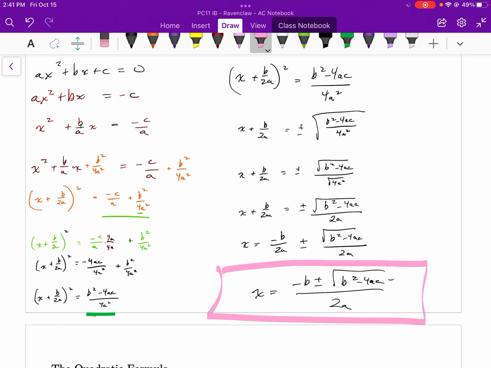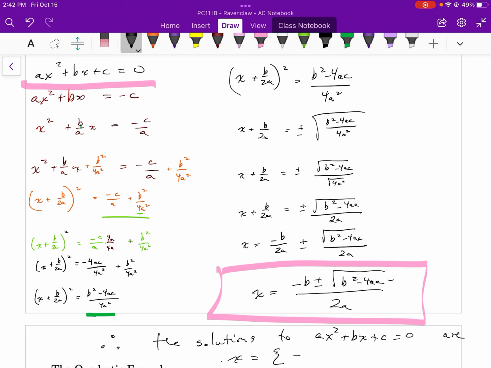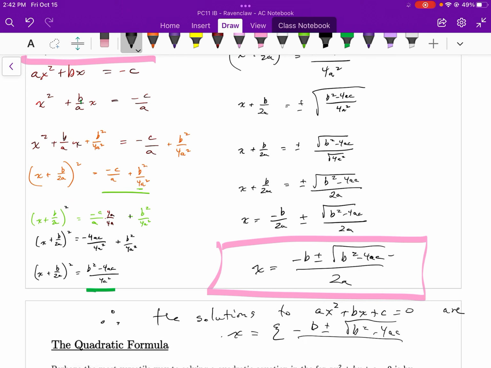This quadratic formula enables us to solve any equation in this form: ax squared plus bx plus c is equal to 0. I can write, therefore, the solutions to ax squared plus bx plus c is equal to 0 are x is equal to negative b plus or minus the square root of b squared minus 4ac all over 2a.